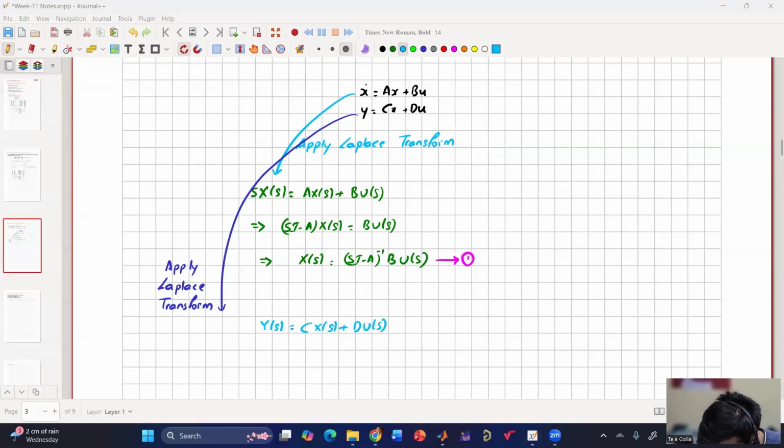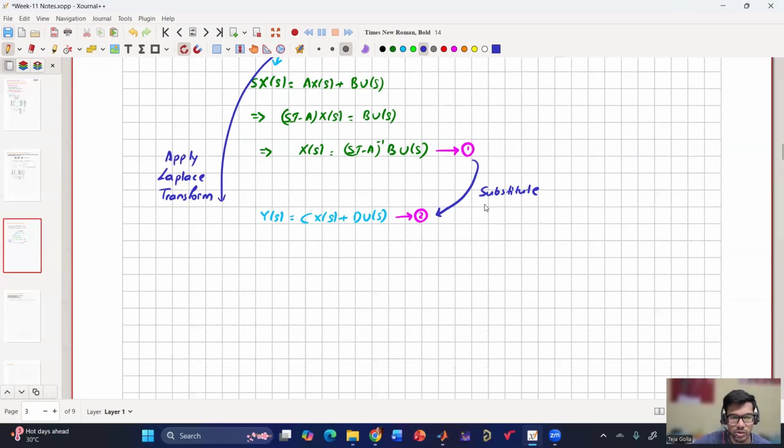This is what I'm calling equation 2. Now substitute equation 1 in 2, because X(s) is calculated. Once we do that, what are we going to get?